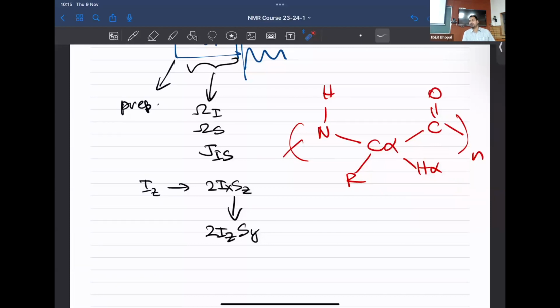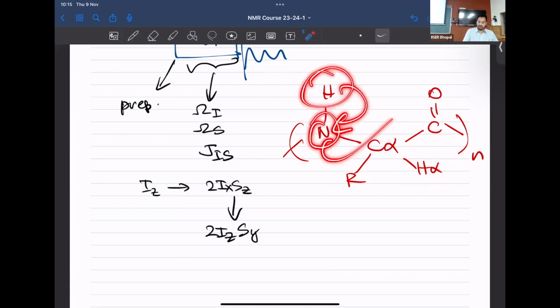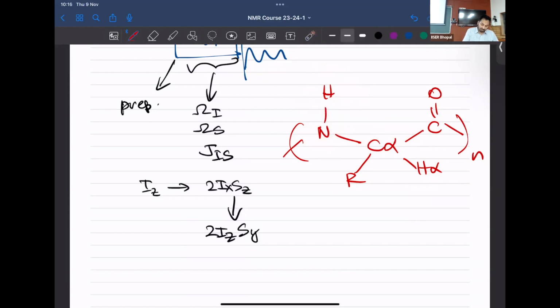Did that make sense? Let me repeat again. If you pivot, if you are able to assign the nitrogen-proton HSQC, then all the other assignments could be gotten from the other 3D experiments by transferring from H to N and N to C alpha. The moment you get C alpha, let's just try to draw one extended chain. Say, C beta, C gamma, there's an H beta, there's an H gamma.